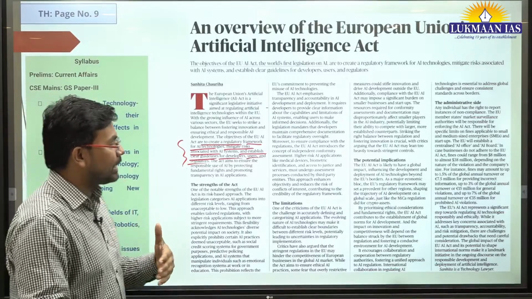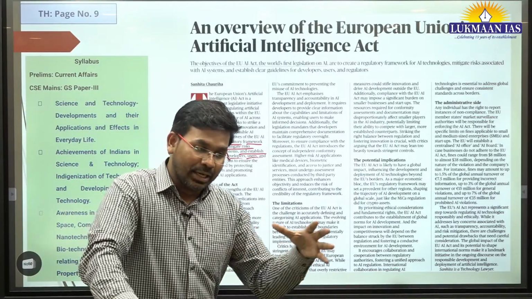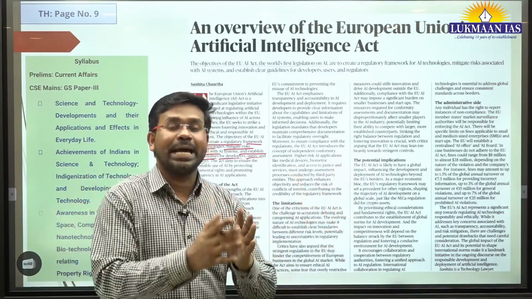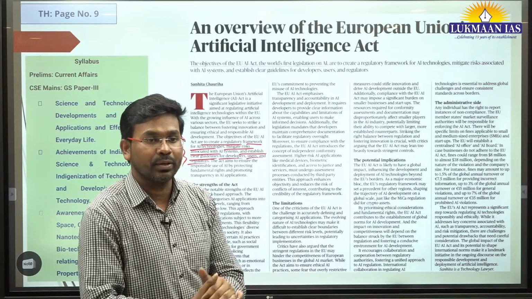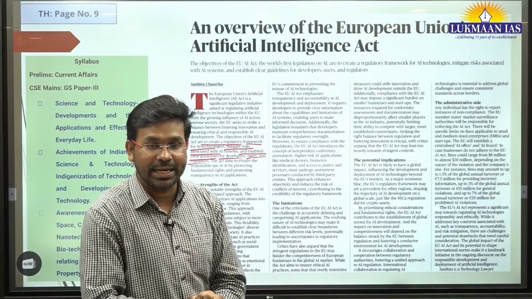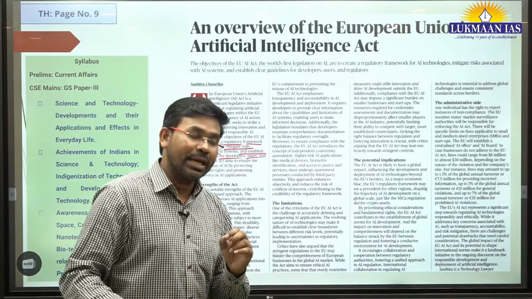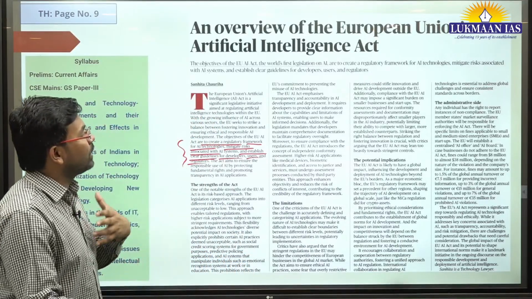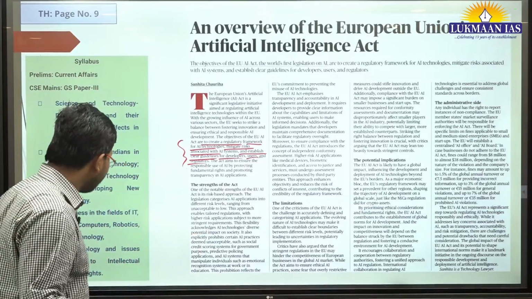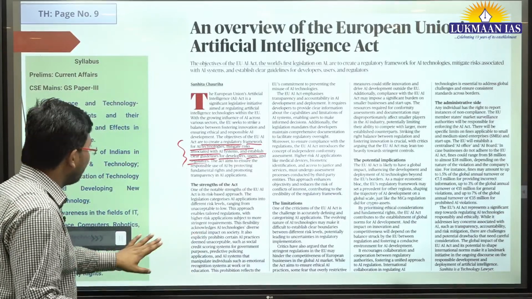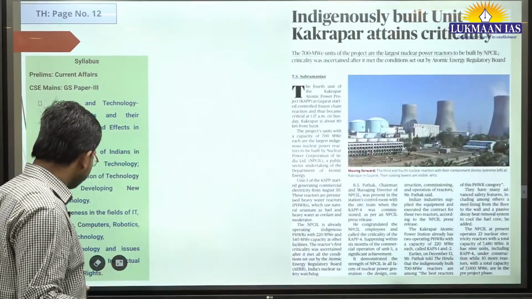And recently the government of India presided over a summit related to the Global Partnership on Artificial Intelligence. And in that summit also they discussed how artificial intelligence should be regulated. All right. So with this, let us quickly move to another article.